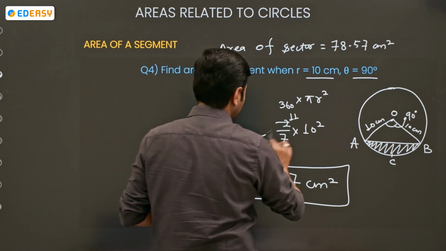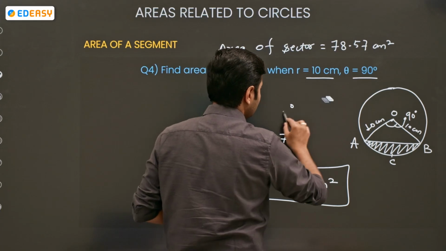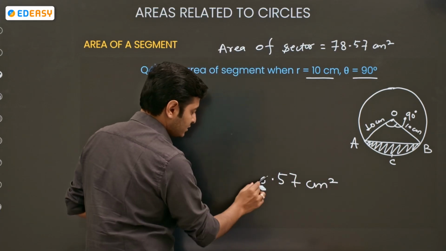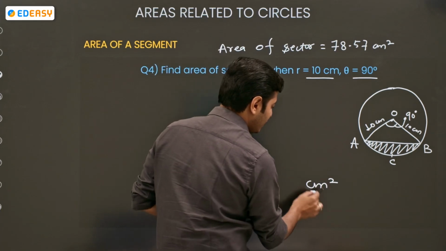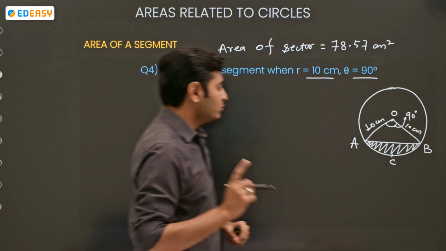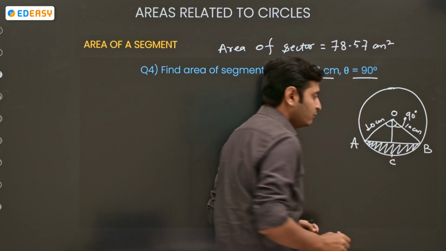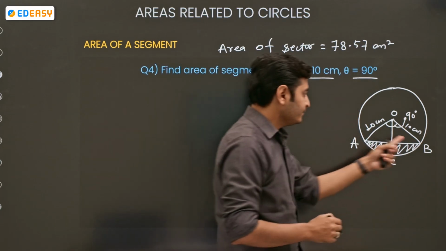Okay, now the main part, how to find the area of the triangle. As I told you, we need the value of base and height. So first thing first, we are going to draw a perpendicular from vertex O onto side AB.